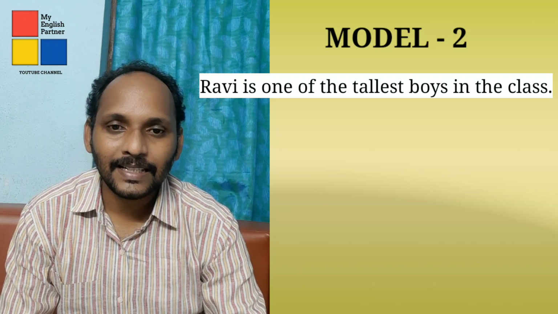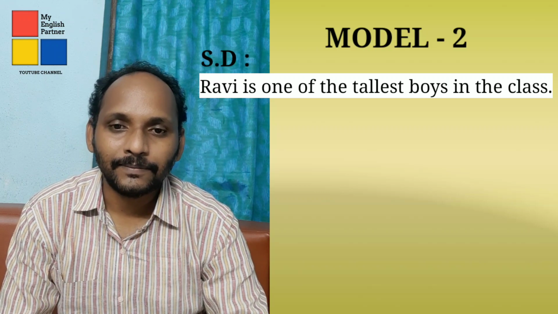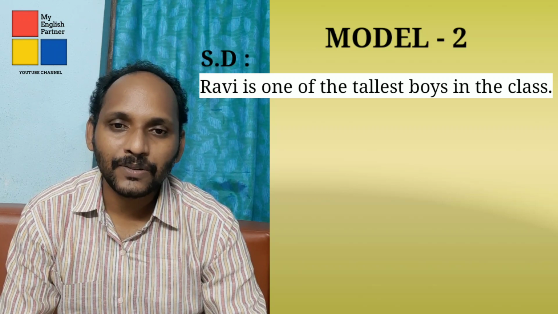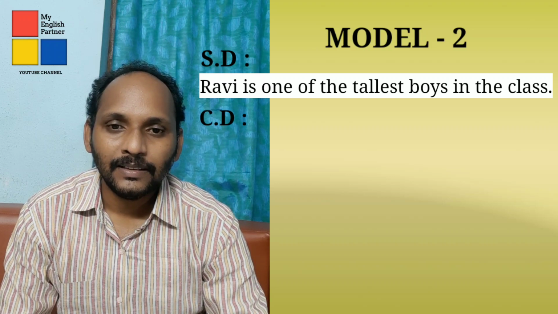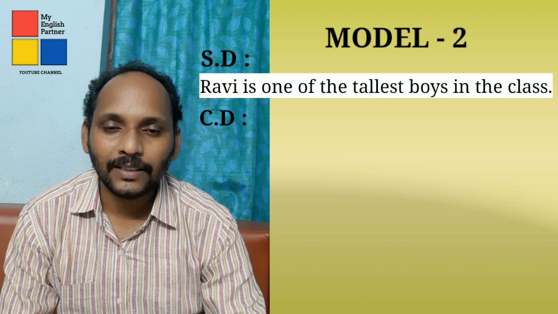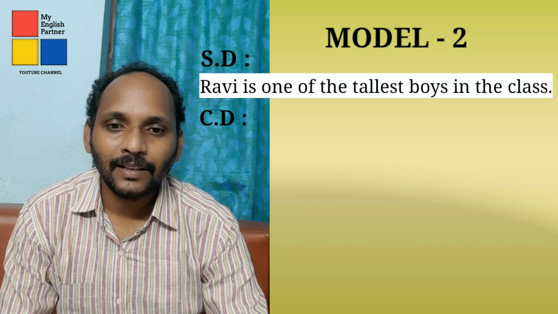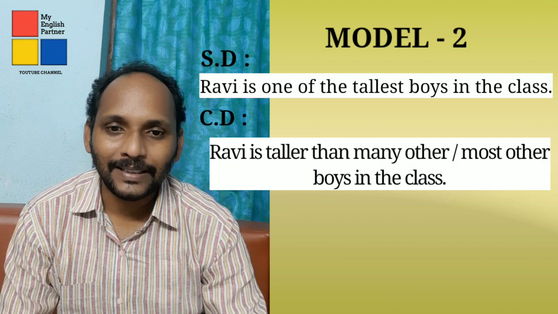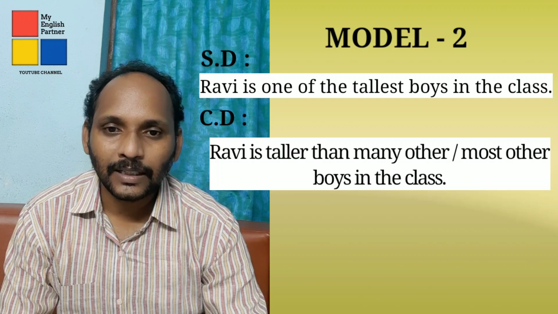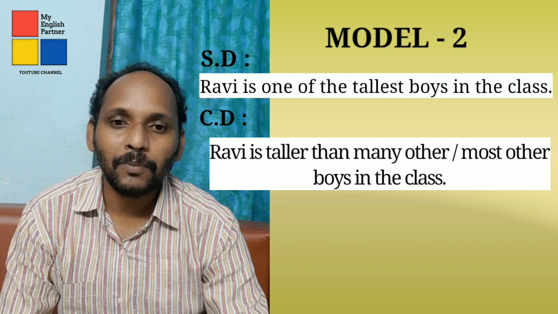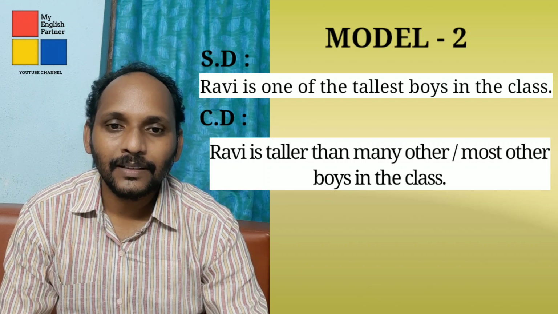Actually, the sentence is in superlative degree. So how to transform into comparative degree? In comparative degree, it must begin with the subject Ravi, then follows the verb is, the adjective part, the comparative form of the adjective, taller.